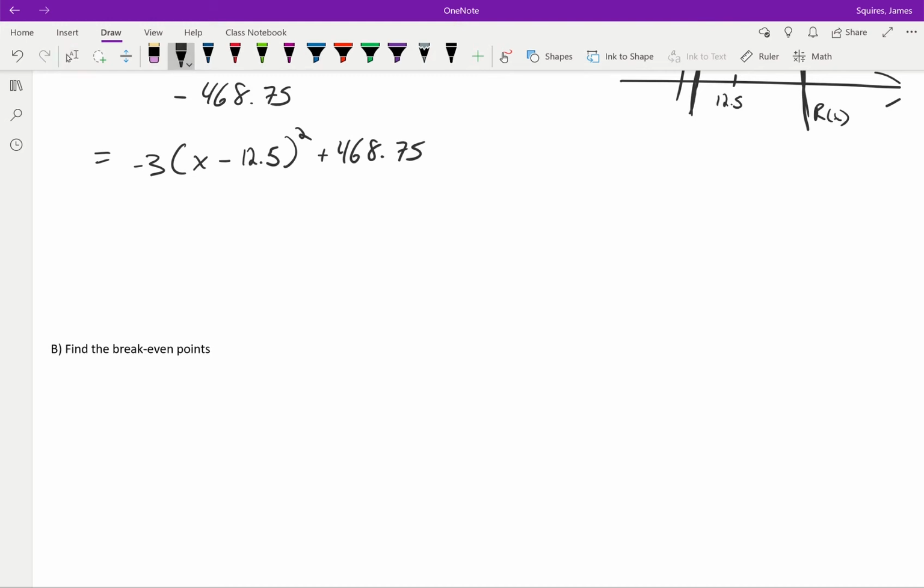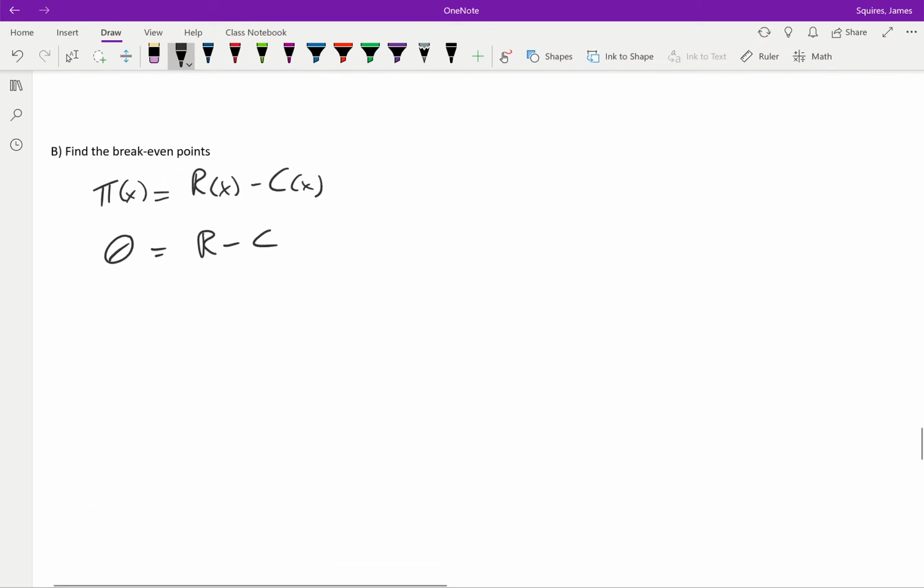So if we have our profit function P of x equal to our revenue function R of x minus our cost function C of x, and we want to solve for where profit equals 0, that would be just where revenue minus cost. So what is our revenue function again?